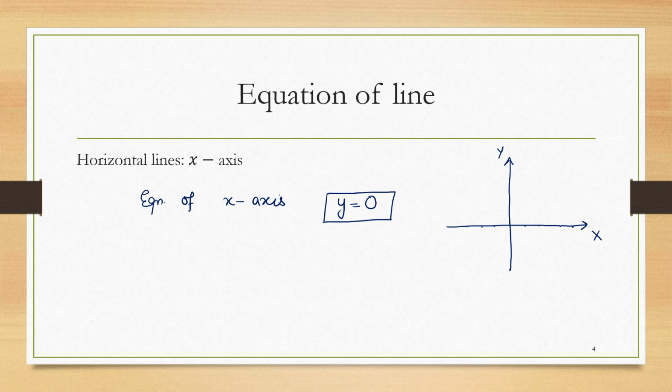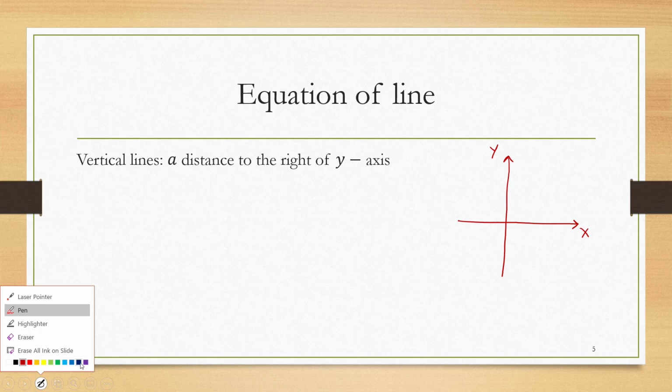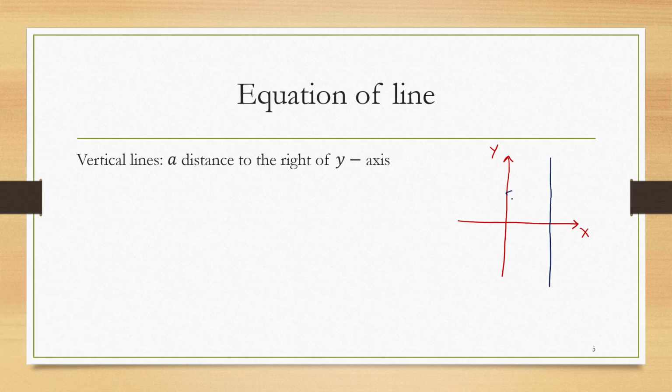Now, we will do equation of lines those are vertical. That means parallel to y-axis. Let's see. So, vertical lines will be of two types. Let's say this is x-axis and this is y-axis. Now first type is a distance a to the right of y-axis. Let's draw the line. To the right of y-axis, a distance like this.